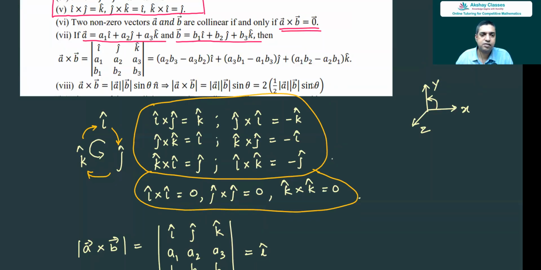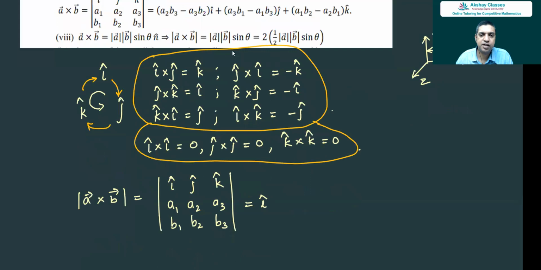Okay, so modulus of A cross B is mod A mod B sine theta times mod n. Mod n cap will become 1. So what does this represent?